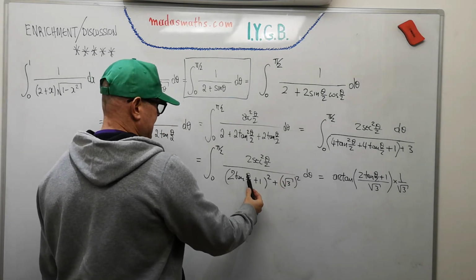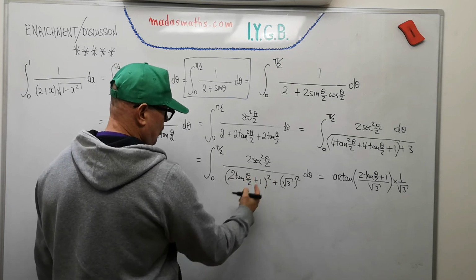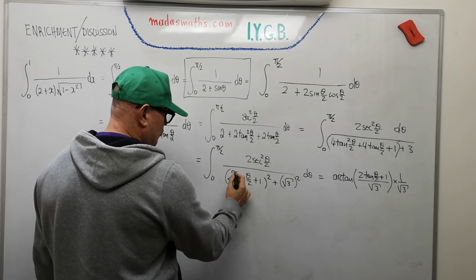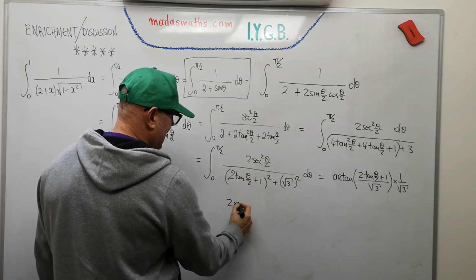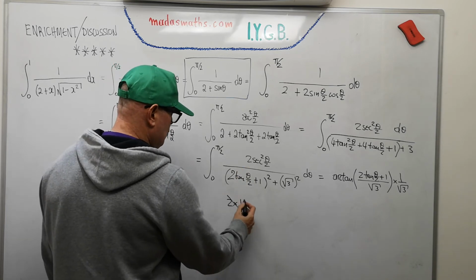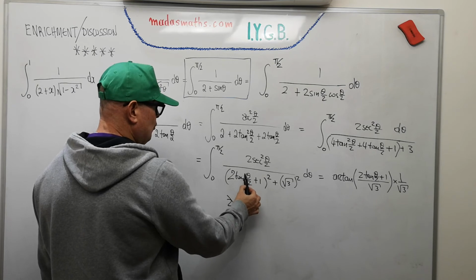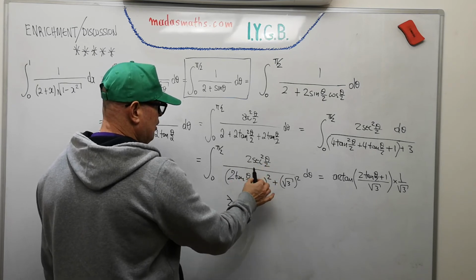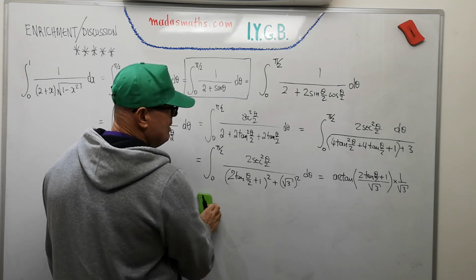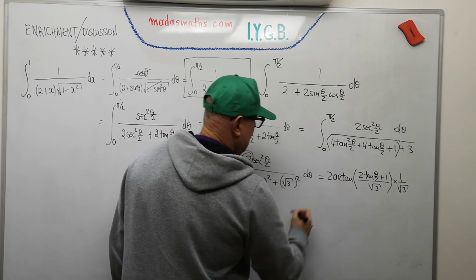When I differentiate this argument, I'm going to get a 2 from here, and I'm going to get a half from the differentiation of half theta. These two things will cancel. And then I'm going to create a sec squared of theta over 2. The sec squared of theta over 2 is there, but this 2 needs to be there from the beginning. And therefore, this 2 is already there.